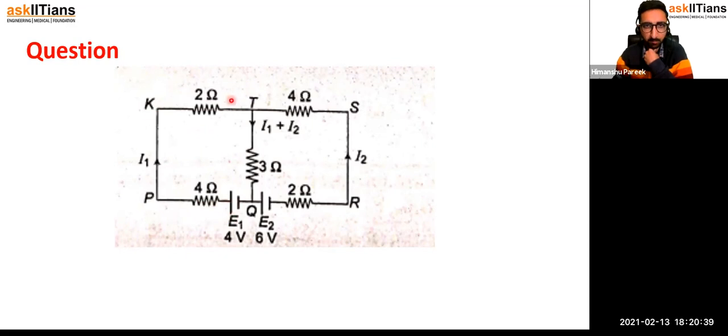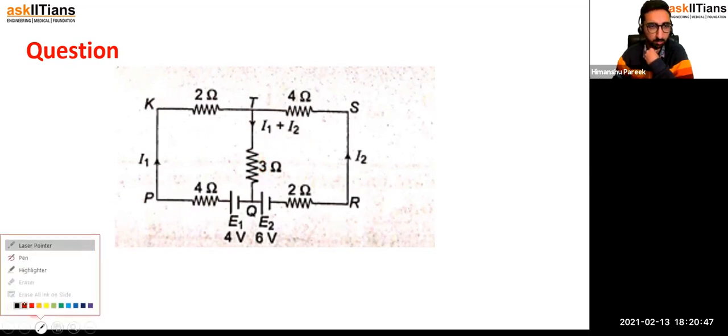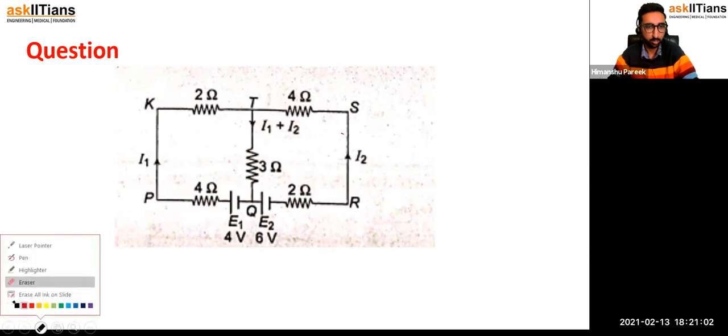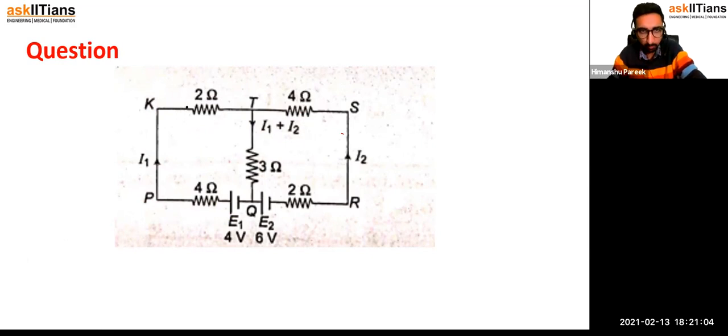I1 is this current, and then this current is going out as I2 in this branch. This arrow must be opposite. Actually, they have given the right arrow, correct; they have taken the opposite one. So this I1 current they have taken like this.